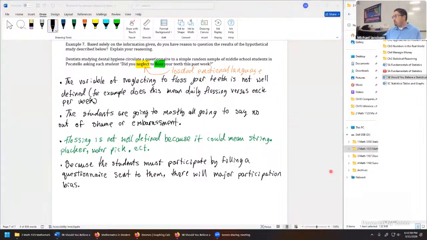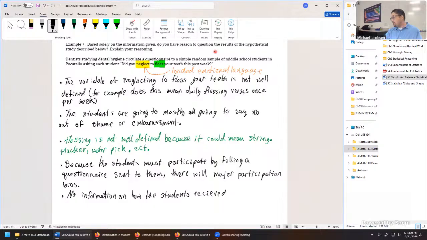Yeah, so all we know is we have a simple random sample. Let's put that in here as well. There's no information on how the students received the questionnaire.